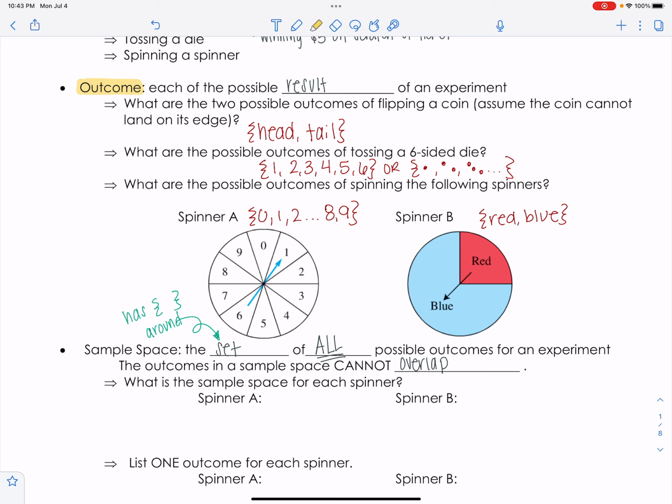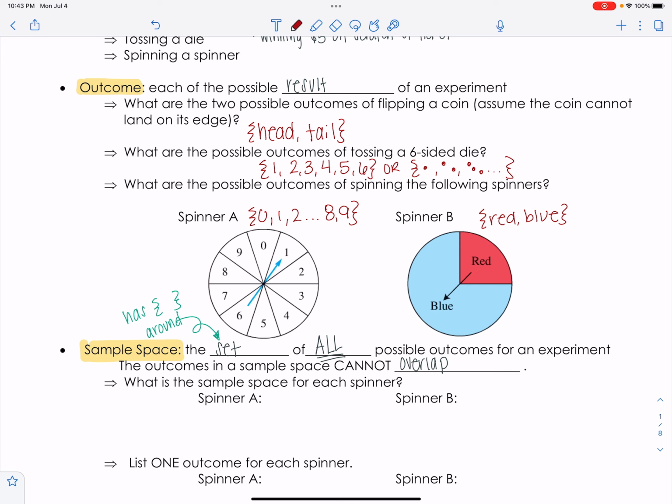Now, with that same idea of outcomes, we have this thing called the sample space. The sample space and the outcomes are really the same thing. They are the set, which just means we're going to put the curly brackets around it, of all the possible outcomes. And so what is the sample space for the spinner?